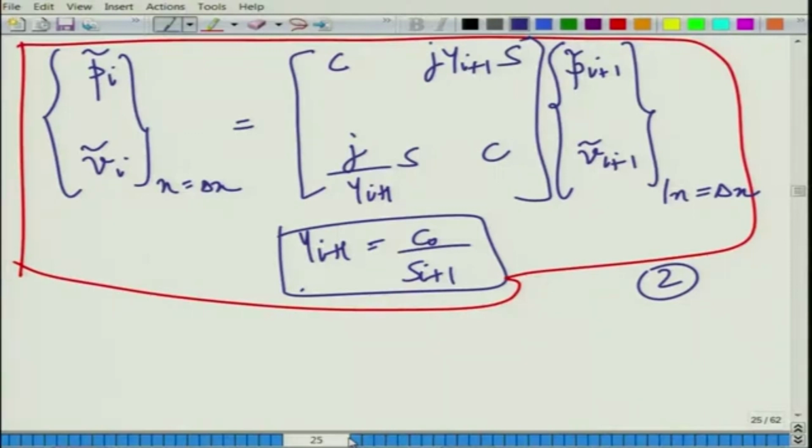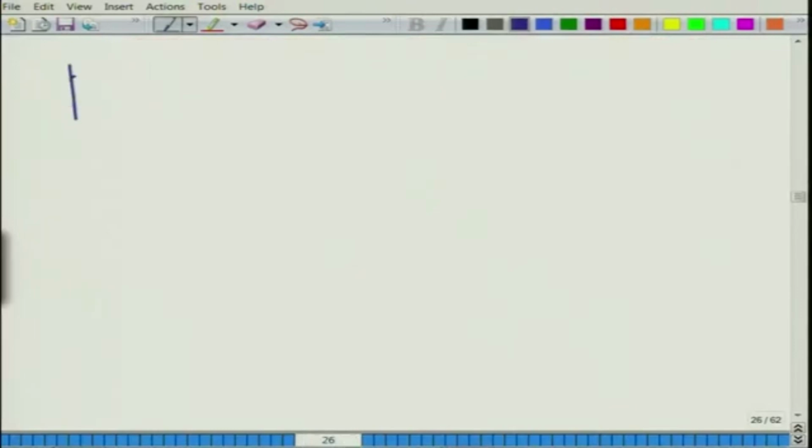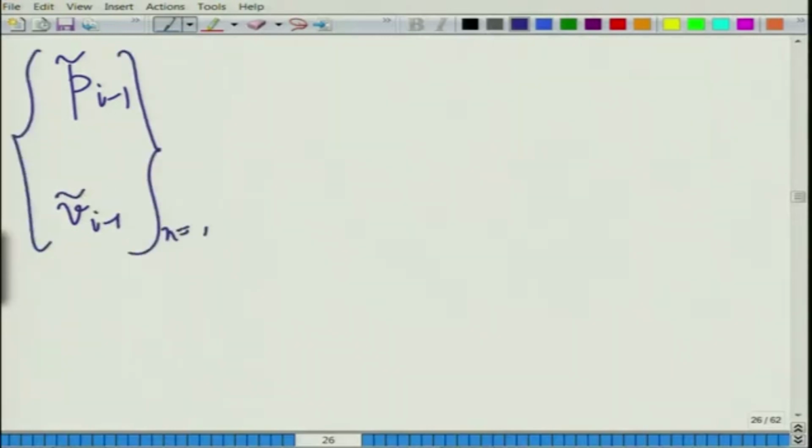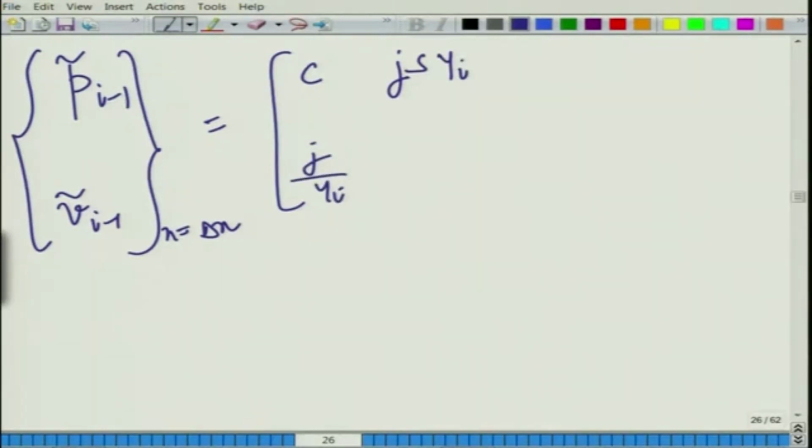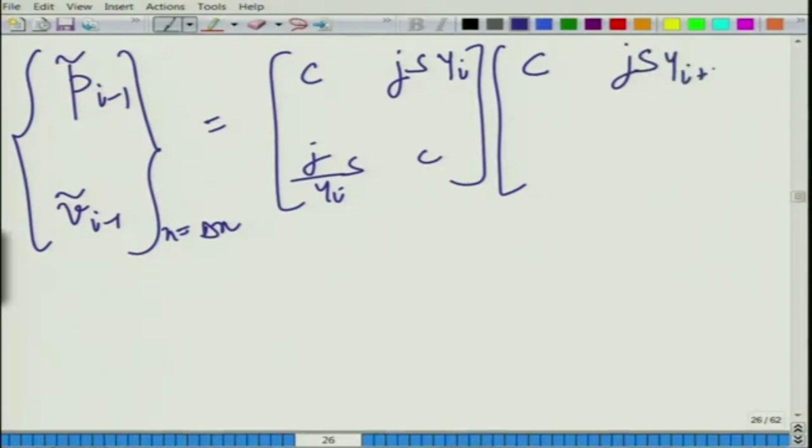So, in such a case we will get, let me write it afresh, P i minus 1 and V i minus 1 at x is equal to delta x is given by the matrix with C, j sin, y i j sin, cos, and j sin y i plus 1 j by y i plus 1 s, and this is C and S stands for cos k naught x.